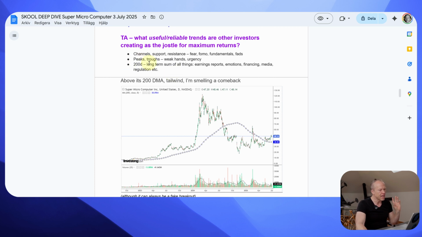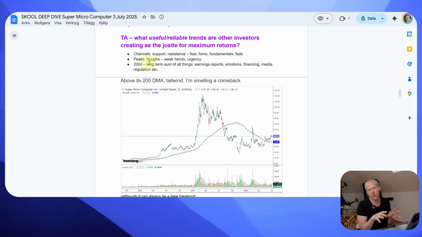We are also looking at, for example, the 200-day moving average. That is the gold standard in technical analysis. That is the first thing you should ever look at in order to try to establish a more long-term stable trend.